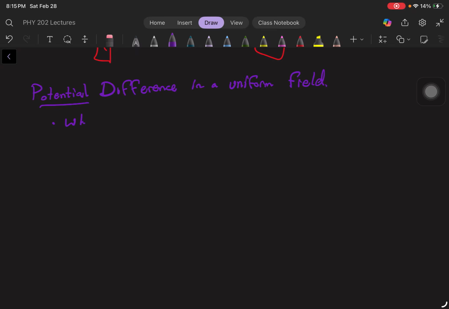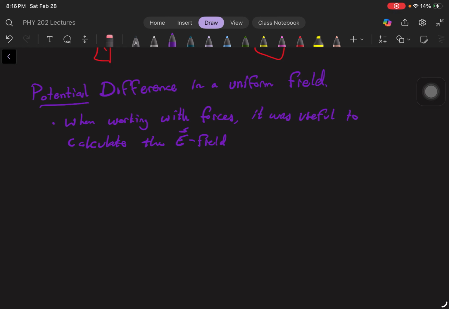So when working with forces, it was pretty useful to calculate the electric field. I'll go ahead and say it's a vector still, why not?